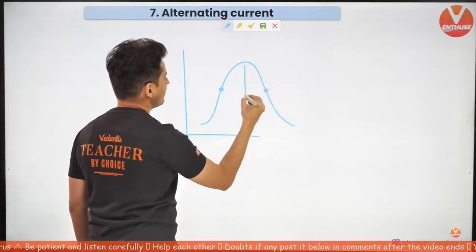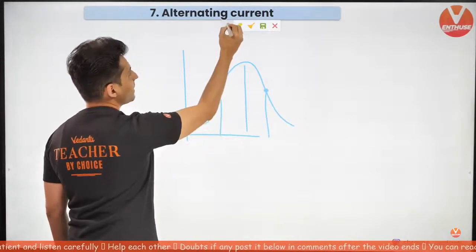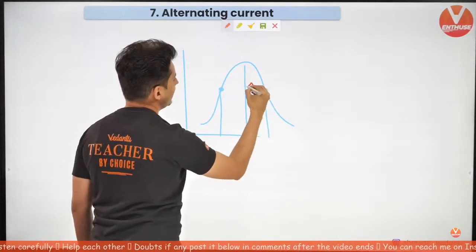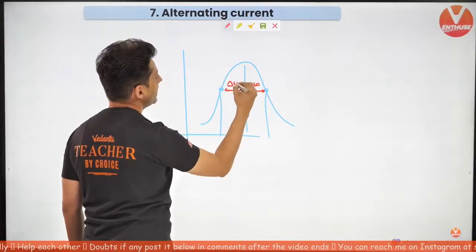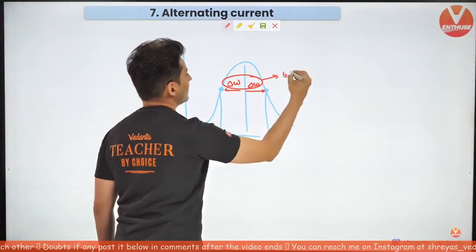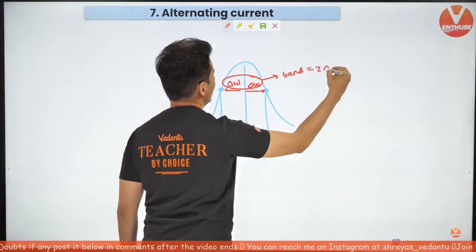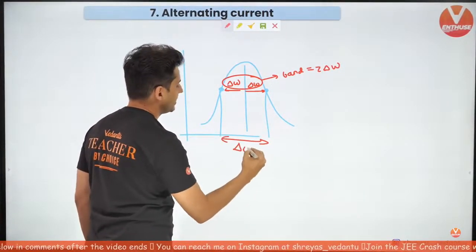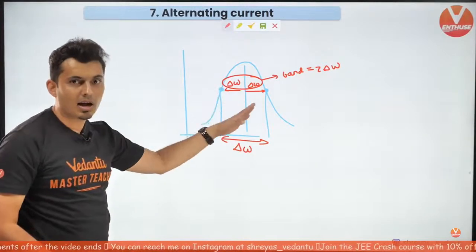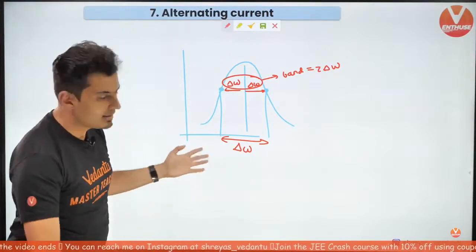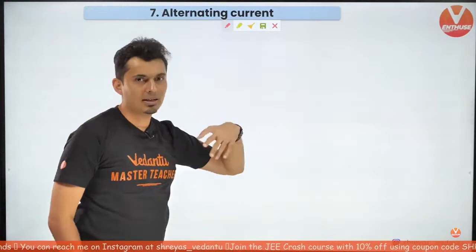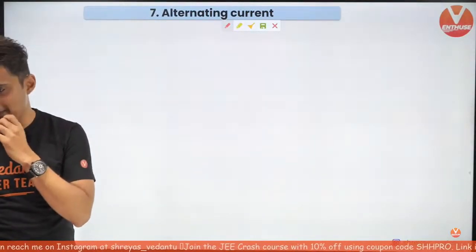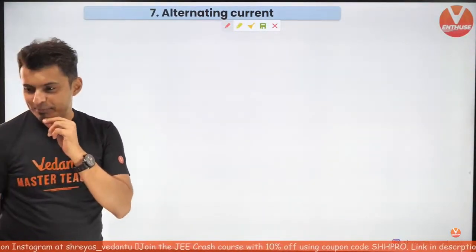These are the 2 points where you get at least half power. They have taken delta omega on this side and delta omega on that side, and then collectively the bandwidth will be 2 del omega. Why do you want to do that? Just say bandwidth is del omega, simple. Why do you want to write half separately? It's easy, so you don't have to remember it 2 times. As simple as that.